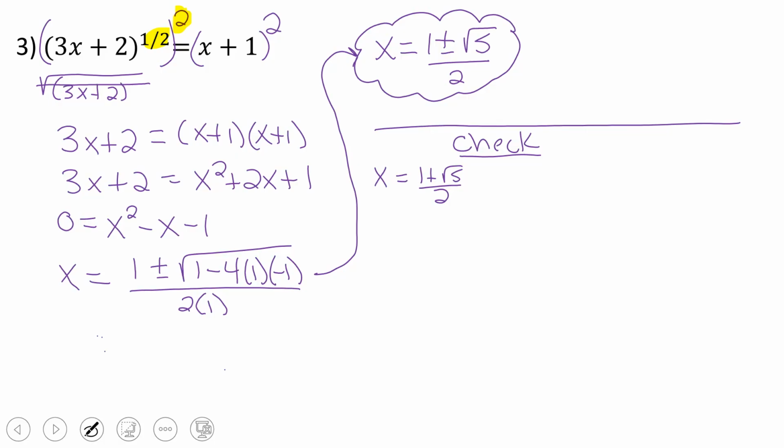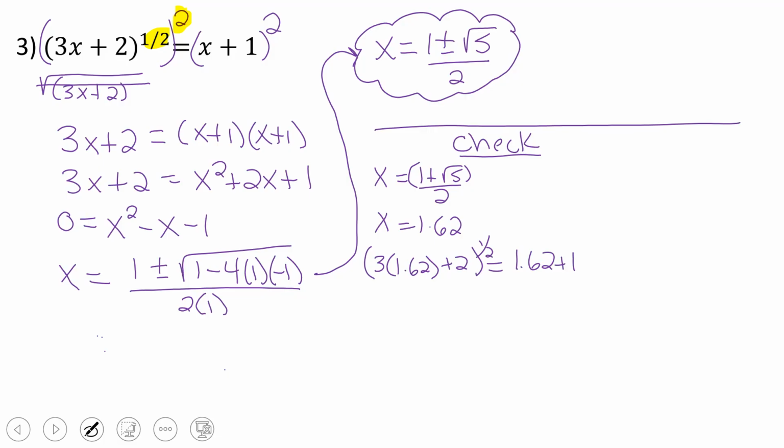And you can type it all in at once if you put the numerator in parentheses and then divide it by 2, and you would get 1.62. And there's more decimals to that, but I'm going to round to the hundredths place. So if I plug that into the original problem, I have 3 times 1.62 plus 2 to the 1/2. I'm going to see if that is equal to 1.62 plus 1.